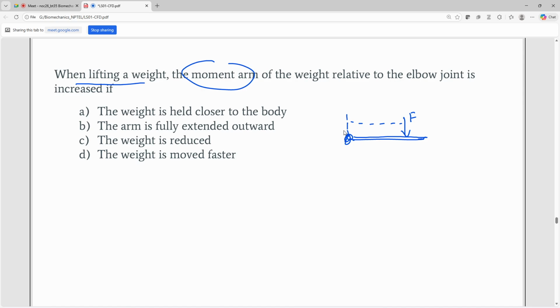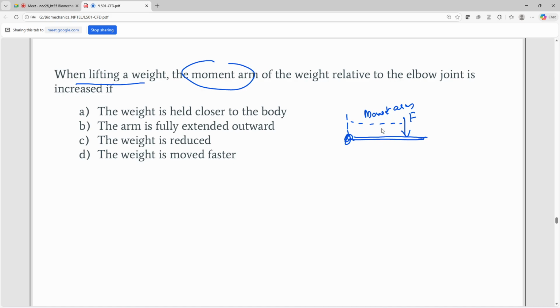It's also called a lever arm. It is the perpendicular distance between the axis of rotation and the line of action of the force.